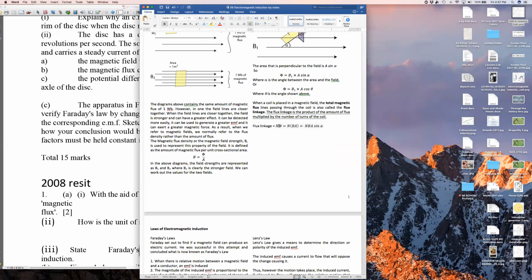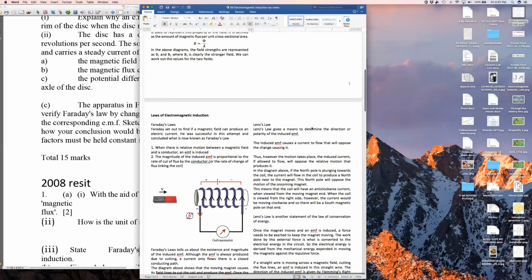And we already know that the flux passing through is given by phi equals BA sine theta. So flux linkage is really NBA sine alpha. So that's what we met previously, flux linkage.